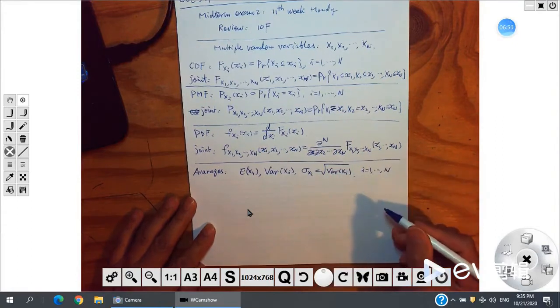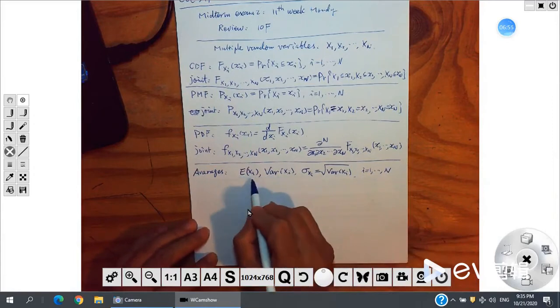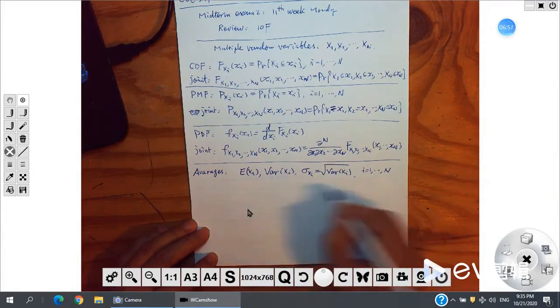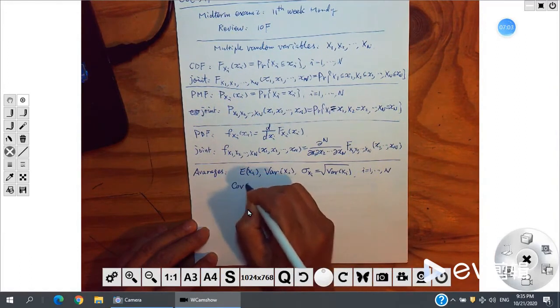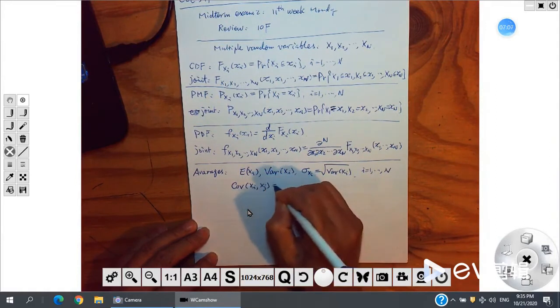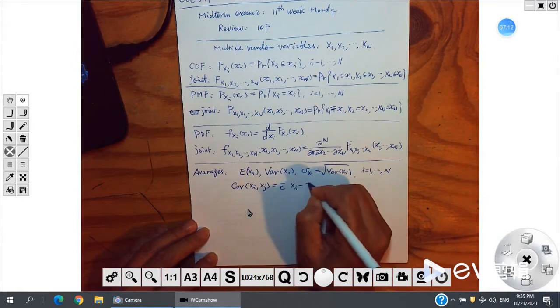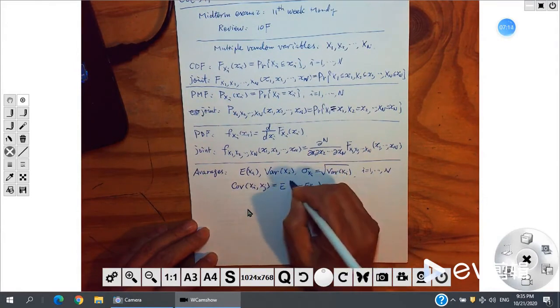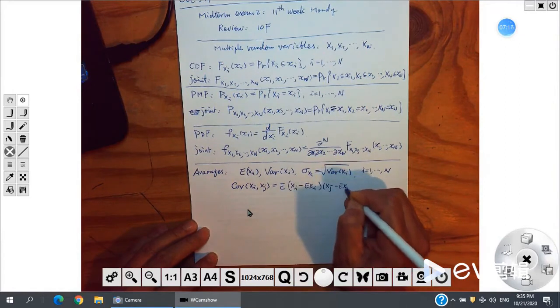And then we can have the joint ones, when we have more than two random variables. Here we have two numbers. One is the covariance of Xi and Xj, which is the expectation of (Xi minus E[Xi]) times (Xj minus E[Xj]).